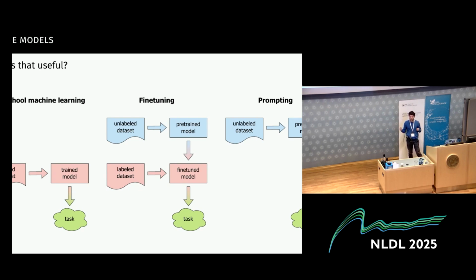And by estimating the probability of the words, the language model has to learn a lot of things. It has to learn about the language, its grammar, and it also has to learn a lot of knowledge, a lot of world facts. For example, if we have the sentence, the capital of Norway is, then to complete the sentence successfully, the language model has to know what the capital city of Norway is.